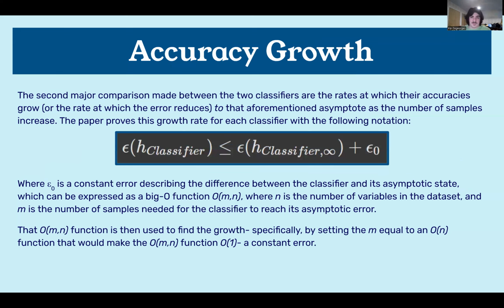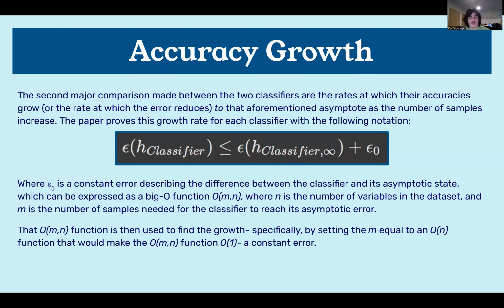The second major comparison is a characteristic called accuracy growth, or how the error shrinks. They express it as this equation: the error of a given model is less than or equal to the asymptotic error of that model, plus some constant, representing the fact that it hasn't reached its asymptote yet.